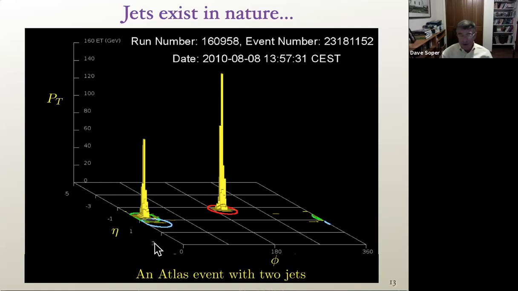It's not that there's transverse momentum seen all over the detector. The transverse momentum groups itself into jets. Usually two, sometimes three, sometimes four jets. And if you just look at an event display like this, which is usually called a Lego plot for obvious reasons, that's what you see.